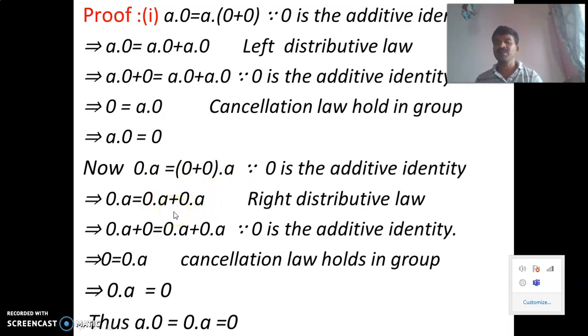Since 0 is an additive identity, there is no difference by including 0 on the left hand side of this relation. Then by making use of the cancellation laws, we get 0 dot A equals 0. Hence A dot 0 equals 0 dot A equals 0 always.